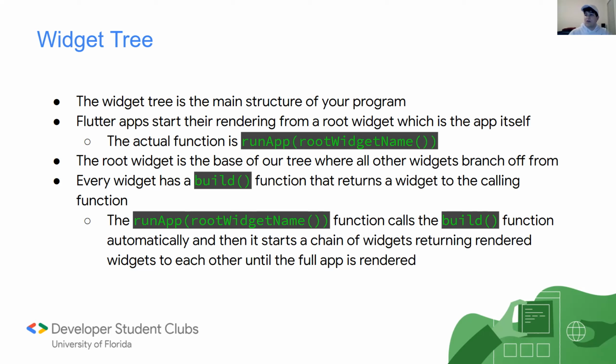So the runApp function is going to call the root widget and its build function automatically. And then that starts a chain: if I'm building the app, then the build function on my app might have a couple other widgets that it's calling, and then it'll call their build functions. It might call a couple other build functions, and then you can see how it starts branching off from the root to render a bunch of different components to the page. And that just keeps going until the full app is rendered, essentially.